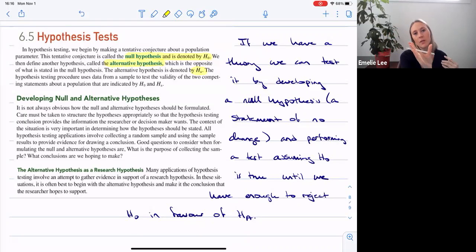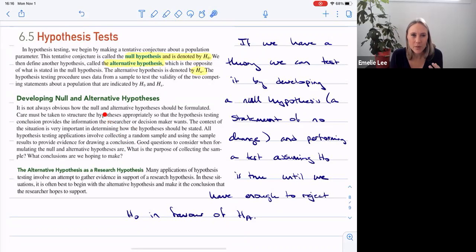So we saw that some of those sample means, for example, even if we built an interval, weren't capturing the population mean, but that was just by random chance. So what we're trying to establish is, if I find an extreme value, was that due to random chance, or was it because it's actually different from the null hypothesis?